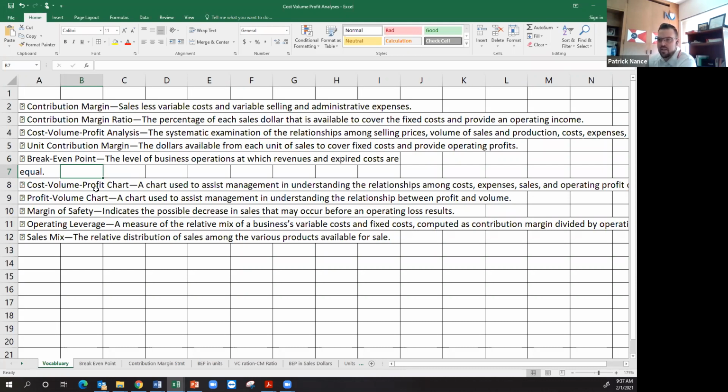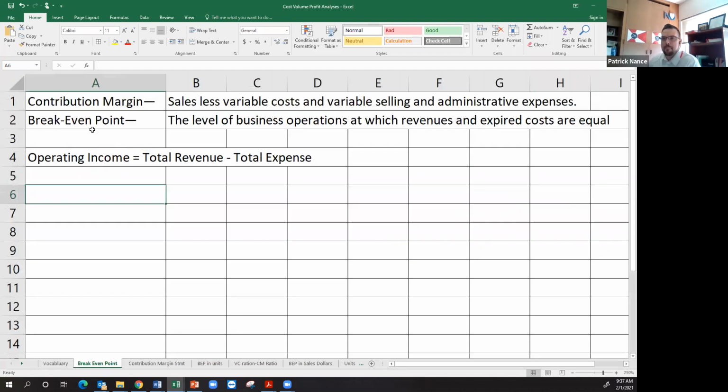don't lose money. So the revenue break-even point is a level of business operations at which revenues and expired costs are equal. So my revenues are equaling my expenses, basically. So my operating income equals 0 at the break-even point. My operating income, which we would get from an income statement, is my total revenue minus total expenses.